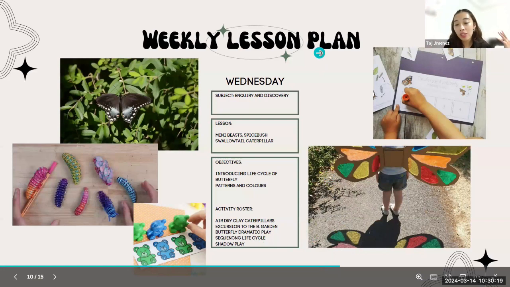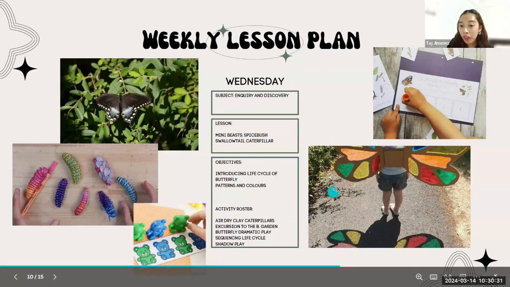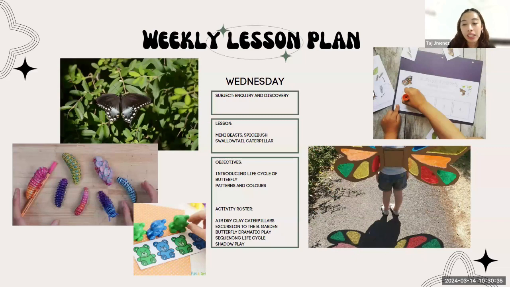Maybe in the writing zone where they're practicing their fine motor skills, you can put the air dry clay. In their art and craft zone, you can put shadow play where they can play with light and cellophane. They can see how the different colors shine through the different colored plastics.